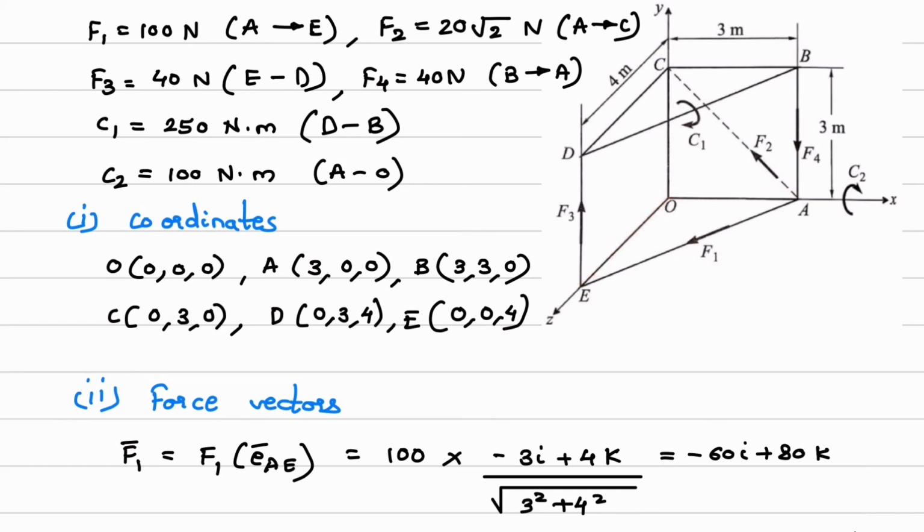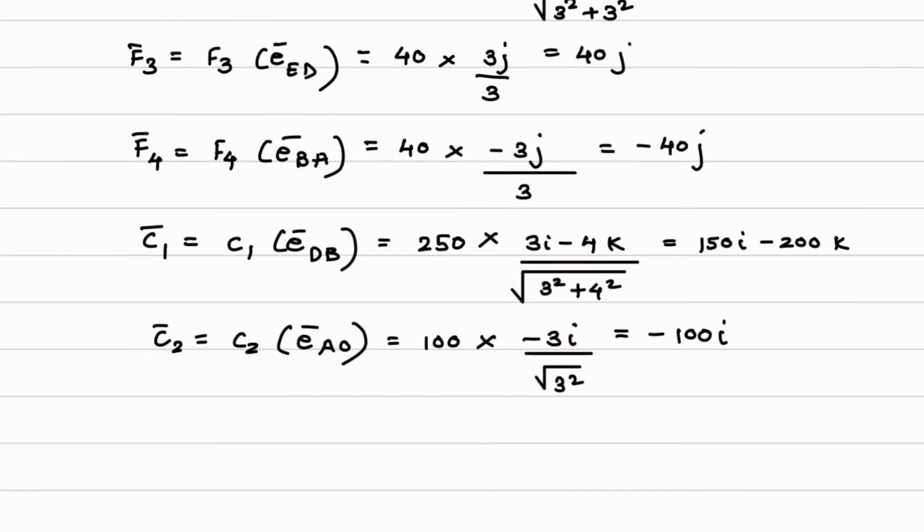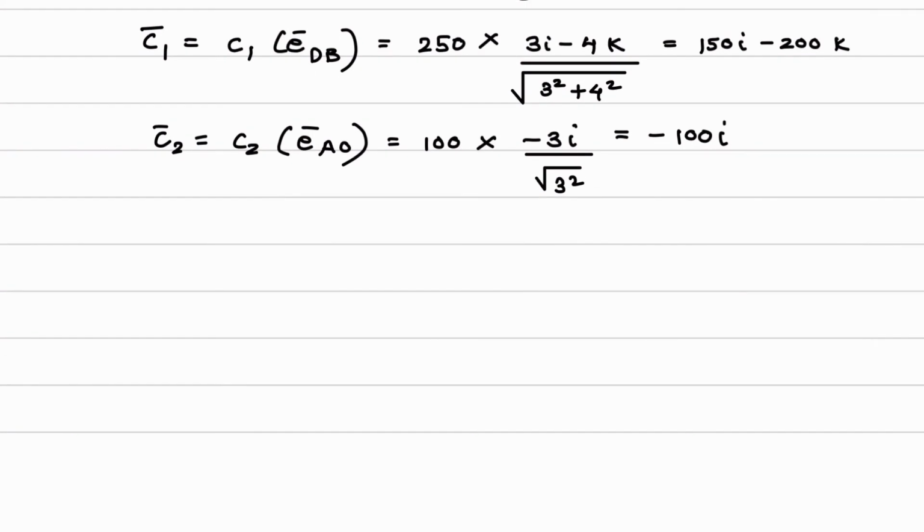So I'll write down position vector R1, which is of force 1 with respect to point O. Sub heading number 3: calculate position vectors. First, the position vector of force 1 will be either OA or OE.